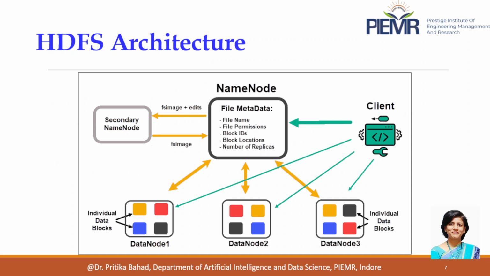Here is the HDFS architecture. The name node is the master node which includes file names and file metadata. The actual data is stored at data nodes and the information about the name node is stored in the secondary name node. We will study HDFS in depth in our next sessions.